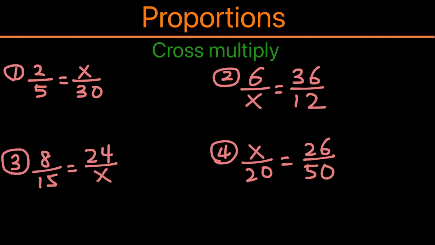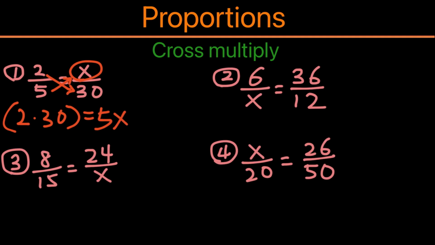So for example number 1, we can see x is the numerator above 30. So what we want to do is cross multiply. So 5 would times by x, and 2 would times by 30. And so we would take 2 times 30 equals 5x.